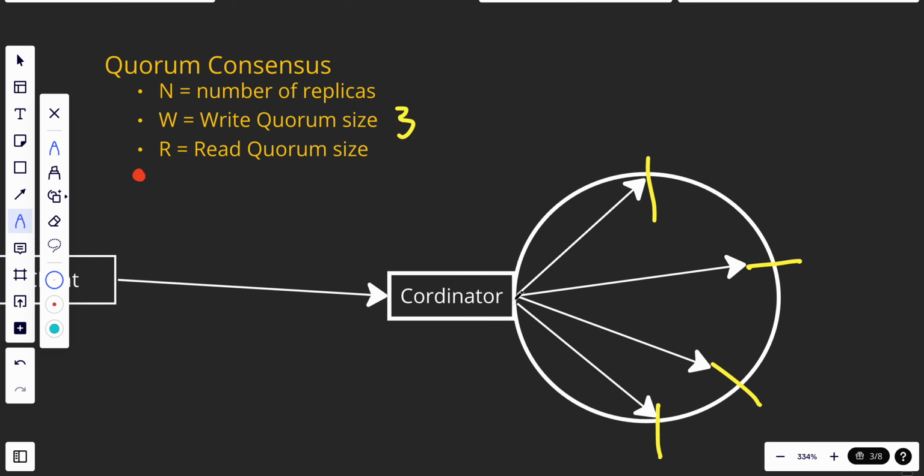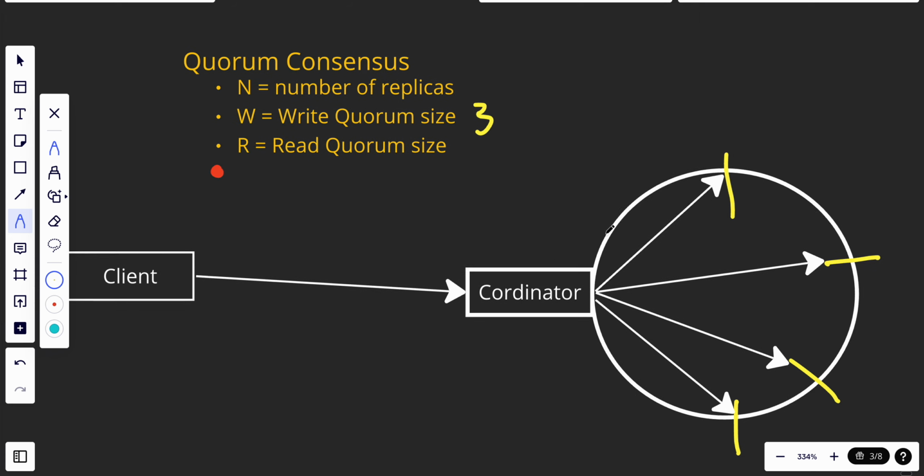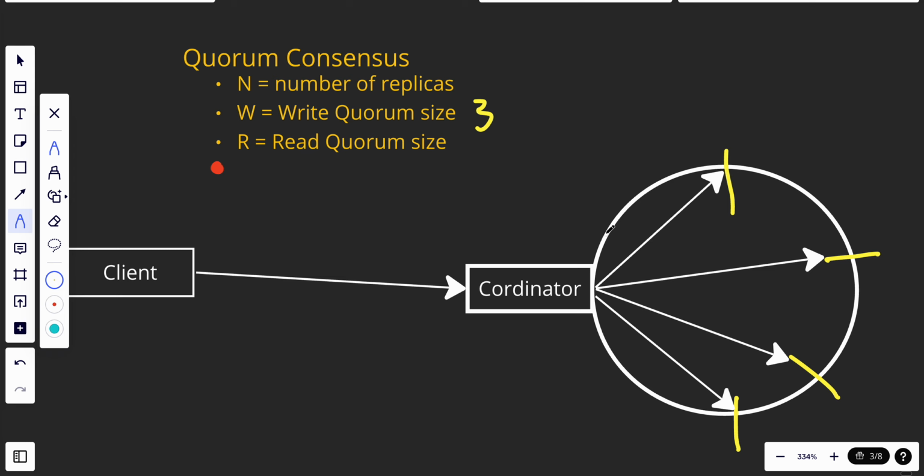So when sending the request to save the write to all 4 replicas, the coordinator needs at least 3 successful responses from the servers to treat this write request as successful or not.